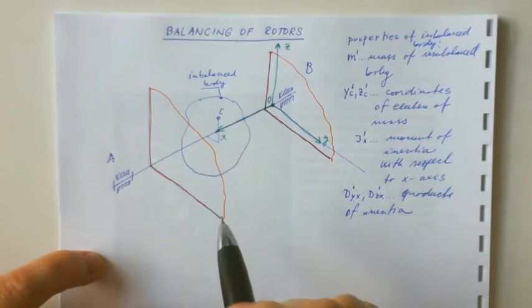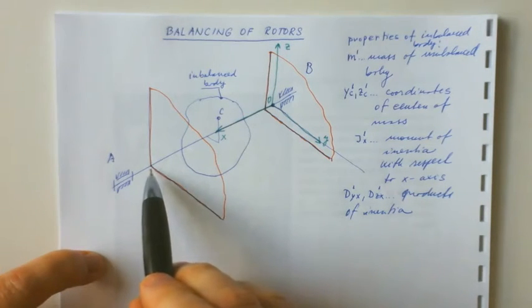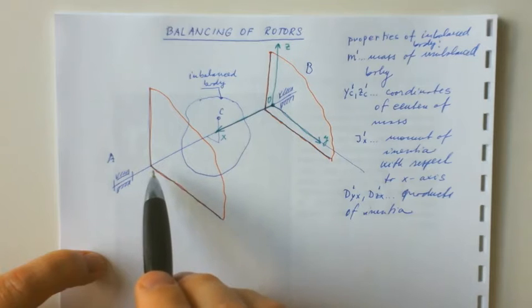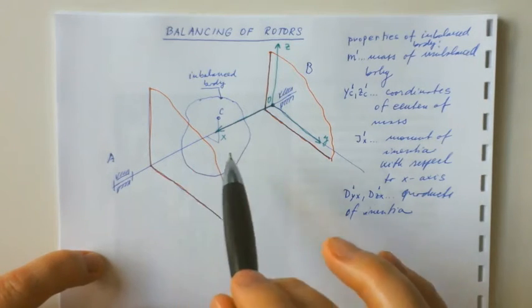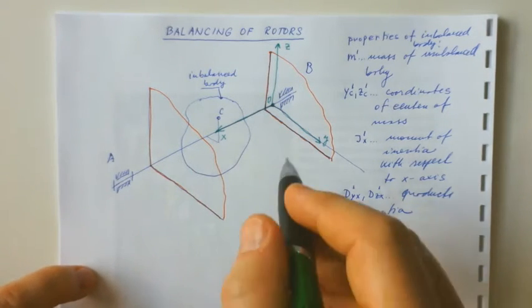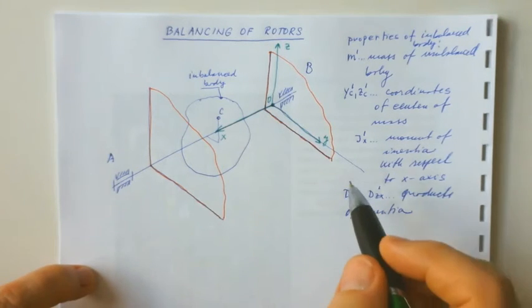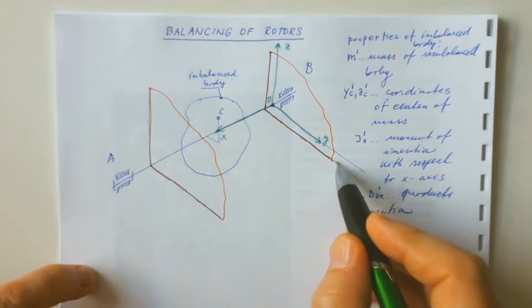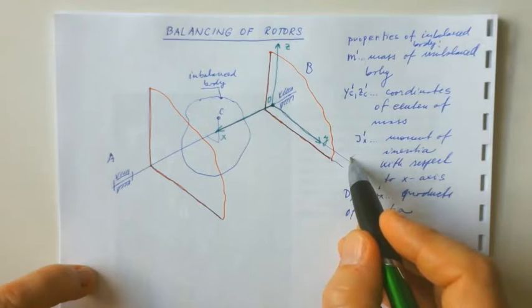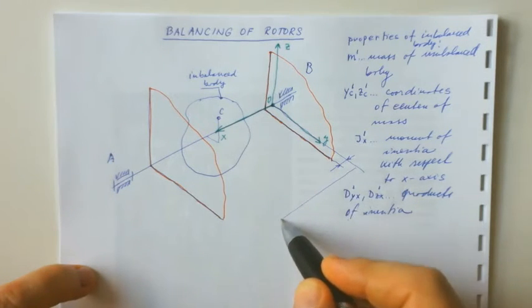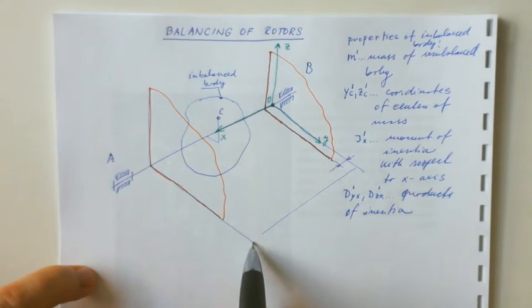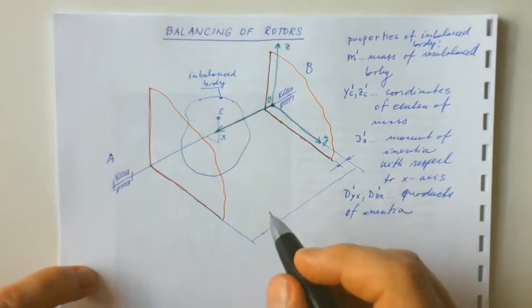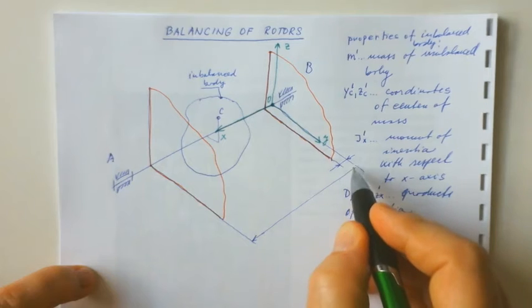The process of balancing starts with defining the balancing masses. We consider that we have two balancing planes with distances denoted by A1 and A2.